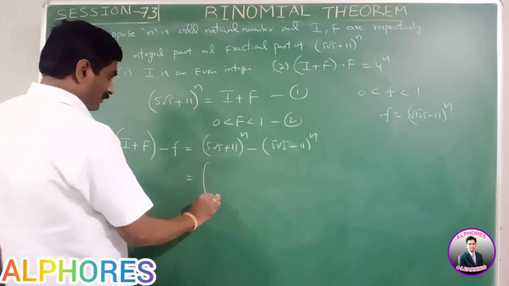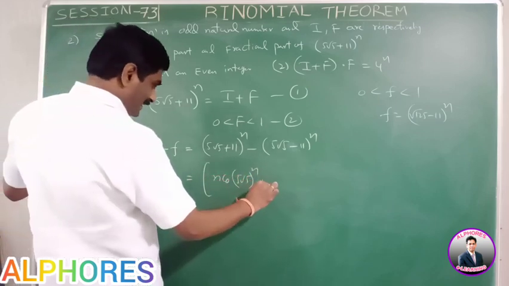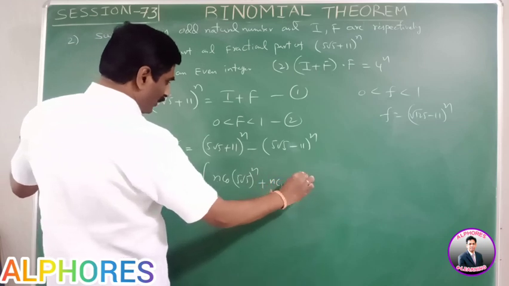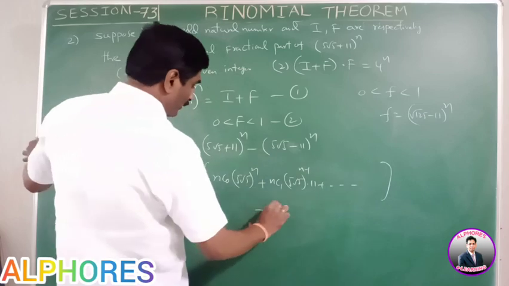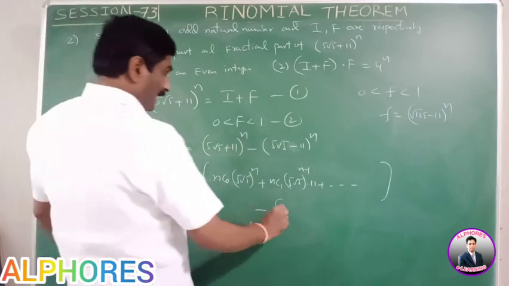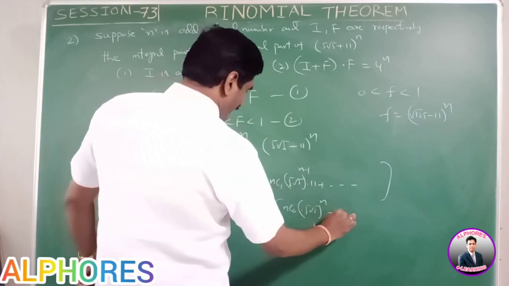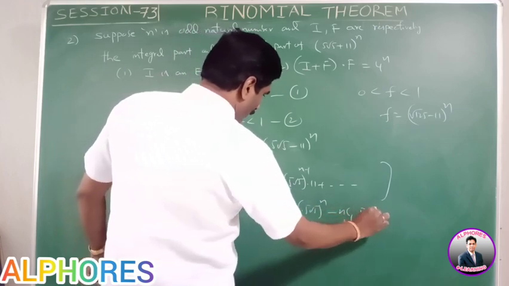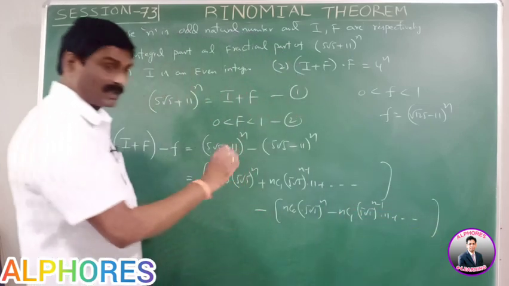After expansion it can be reduced into nC0 (5√5)^n + nC1 (5√5)^(n−1)·11 + ... Here, nC0 (5√5)^n − nC1 (5√5)^(n−1)·11 + ... Please observe the difference value.